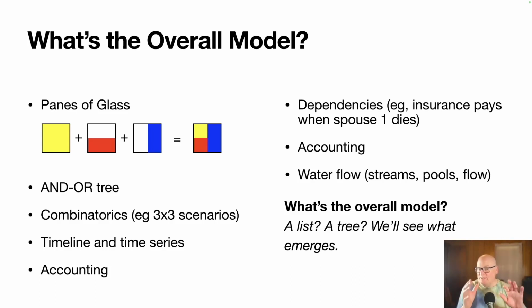Another view of what's happening when I have or, these alternate scenarios. Another possibility is something around a timeline and a time series. And I think that's going to happen if I'm going to be calculating net worth, which is a value over time. Okay.